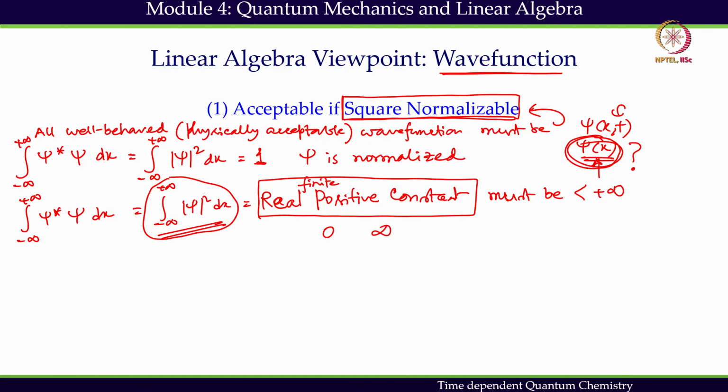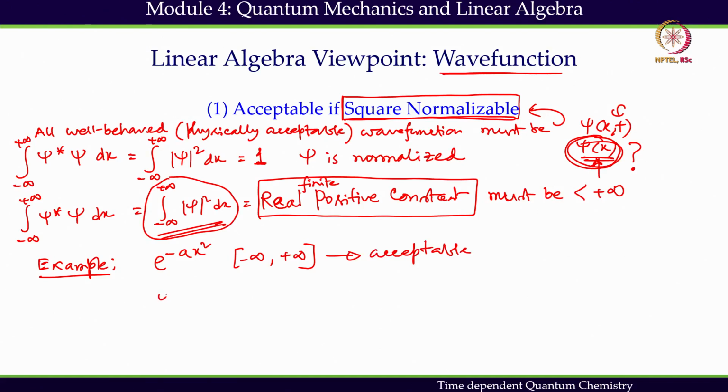As an example, we have already seen that a Gaussian function, e to the power minus ax squared, within the limit minus infinity to plus infinity, is a well-behaved wave function. This is an acceptable wave function in quantum mechanics.